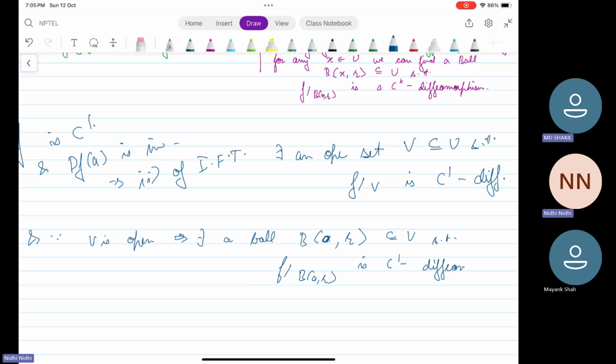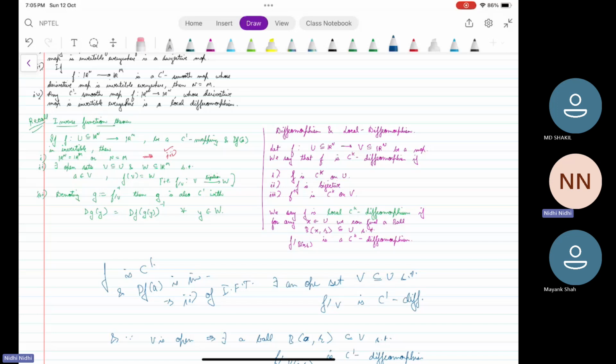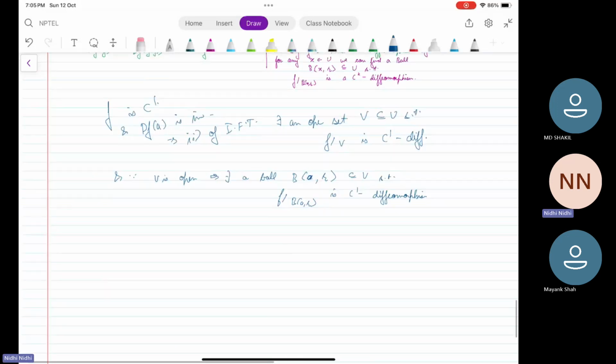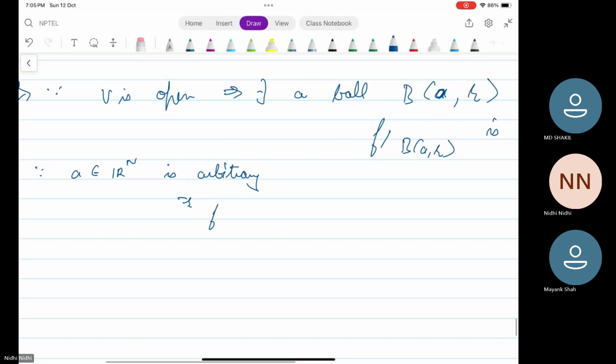And since this is happening for every a, because according to the fourth point we know that our function is differentiable at every point and the derivative is invertible, therefore, since a belonging to Rn is arbitrary, we can say that f is a local C1 diffeomorphism.